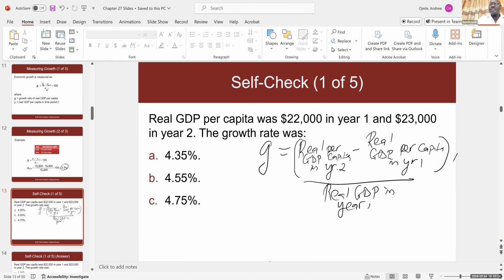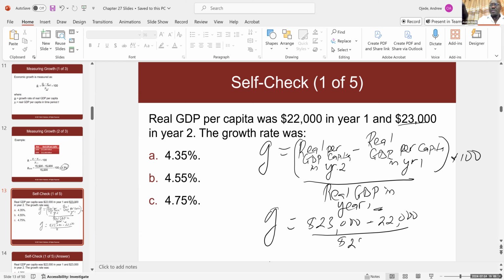And then you multiply this by 100. So in this case, you take $23,000 minus $22,000, divided by $22,000, times 100.